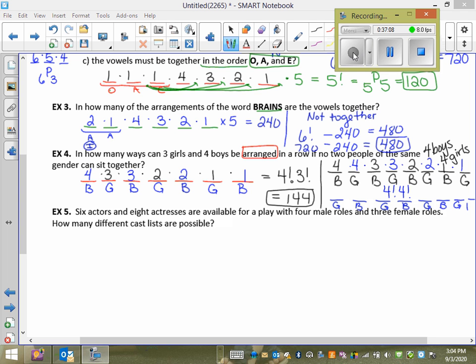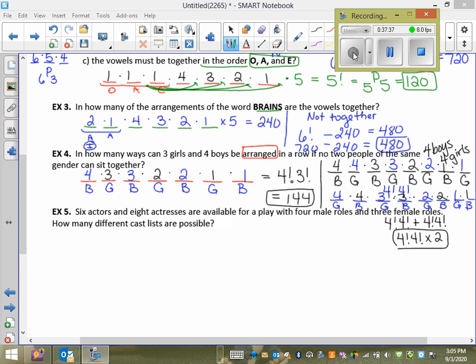Or you could show both cases and add them, right? You're either going to go 4 factorial times 4 factorial plus 4 factorial times 4 factorial, or you're going to go 4 factorial times 4 factorial times 2. So a lot of the time people only have half the cases. Do you see how that's a problem?